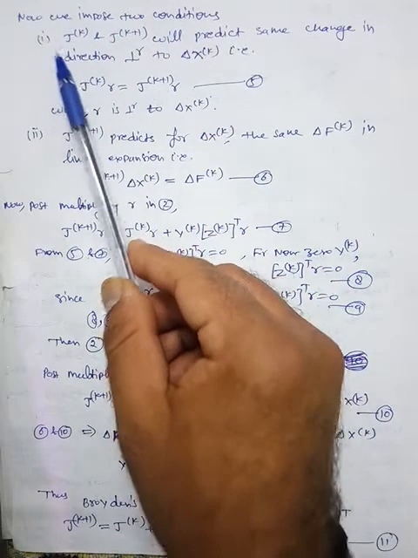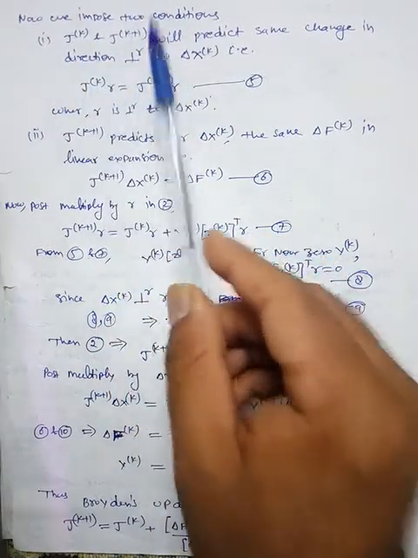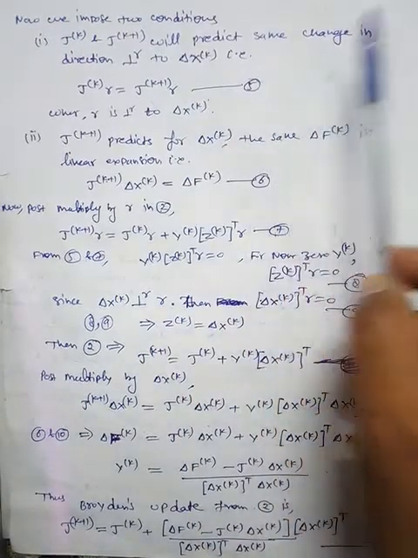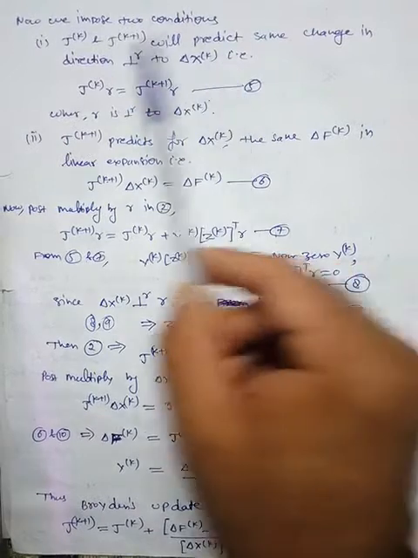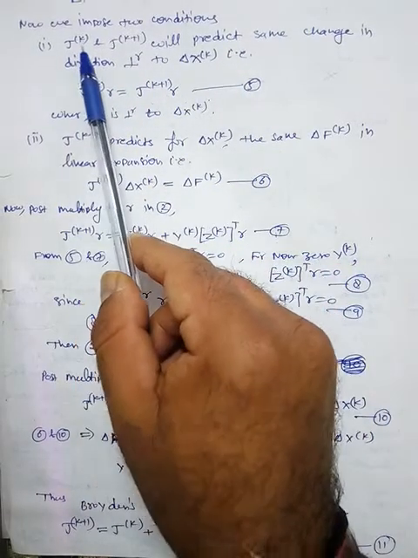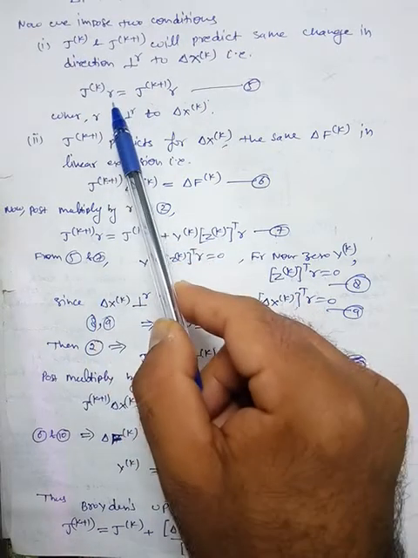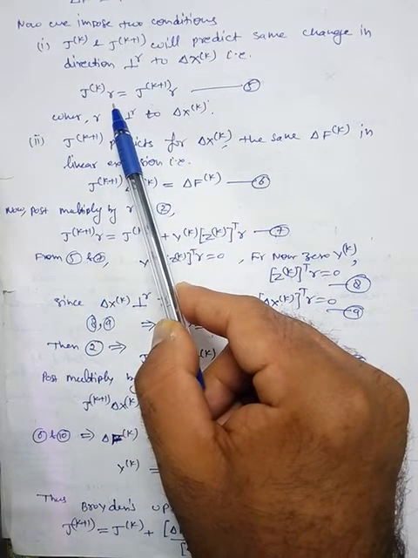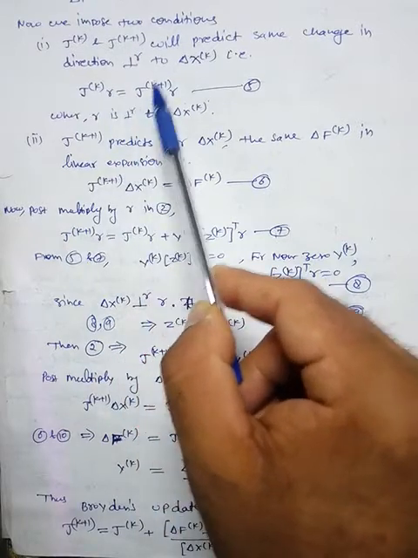Now we will impose two conditions. What is the first condition? Jk and J(k+1) will predict the same change in a direction perpendicular to delta xk. That means if you multiply by a direction vector r, then Jk r equals J(k+1) r.